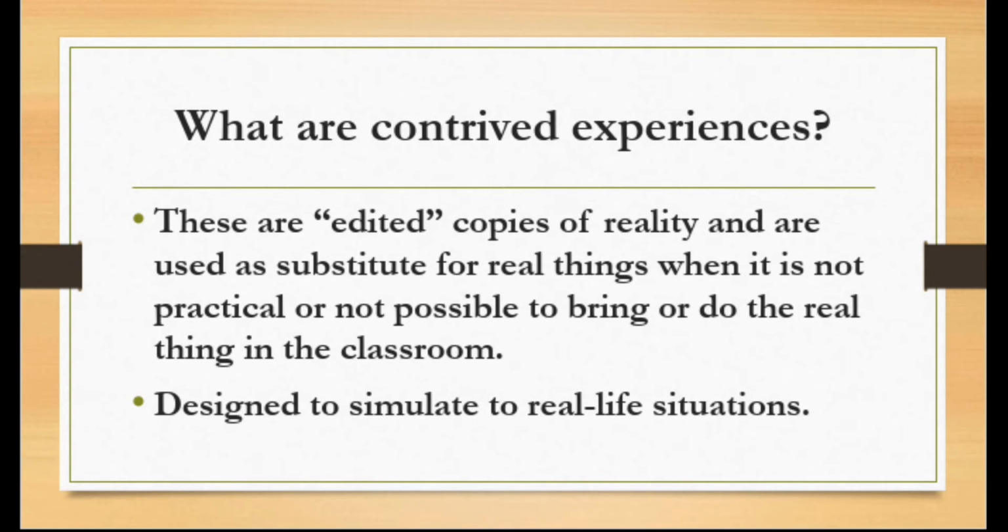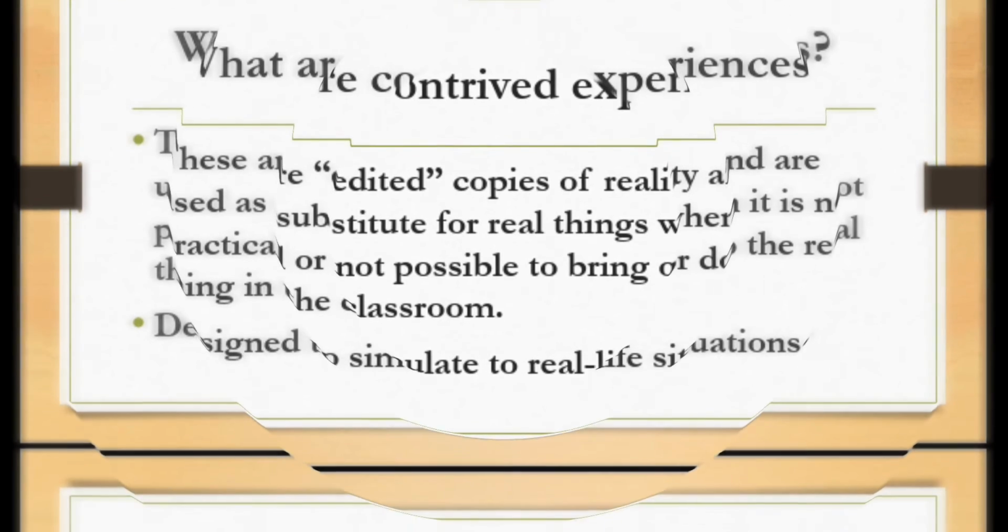We cannot bring the planet inside the classroom, so one of the ways is to print pictures, or even bring a map or a globe, in order to make things real even without bringing real things inside a classroom. That is what we are talking about when we speak of learning through contrived experiences.